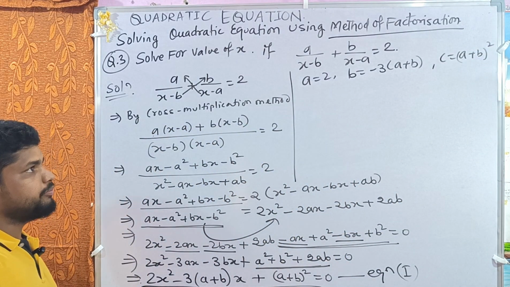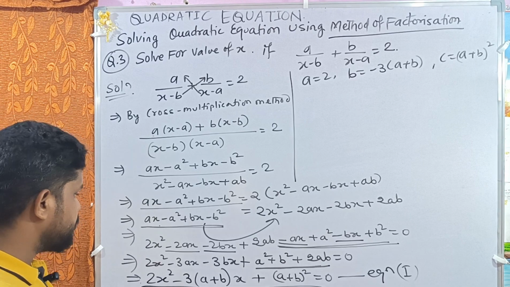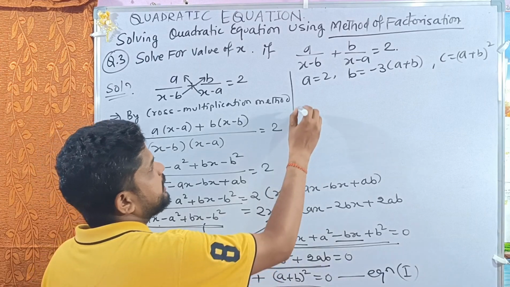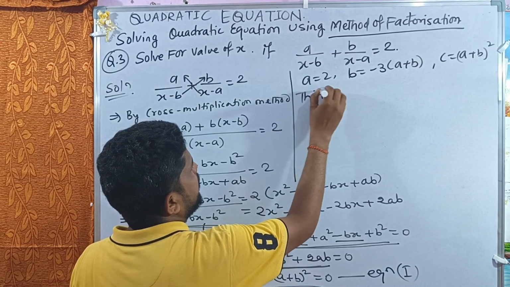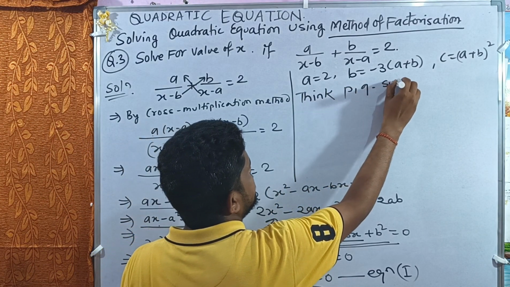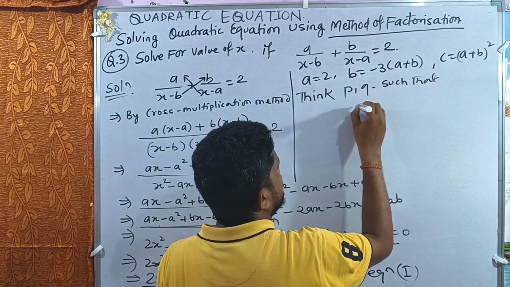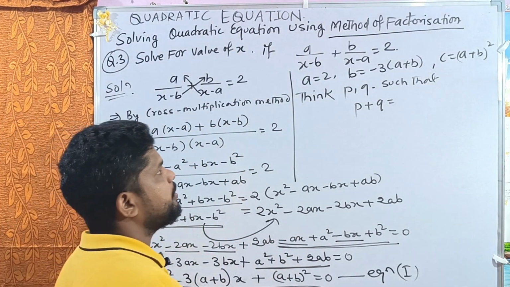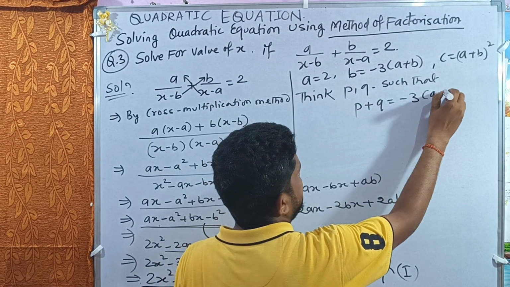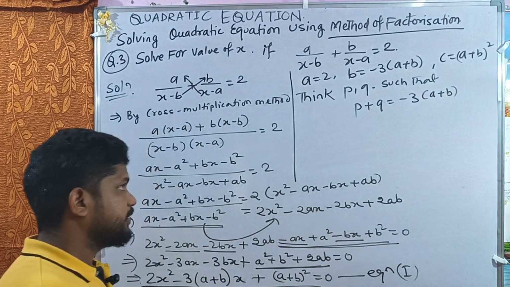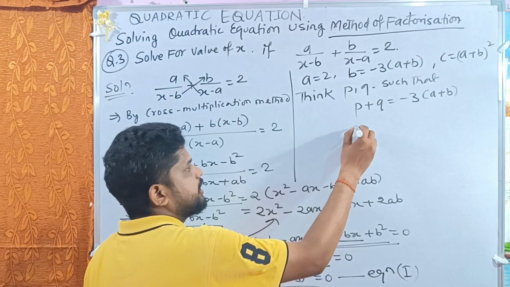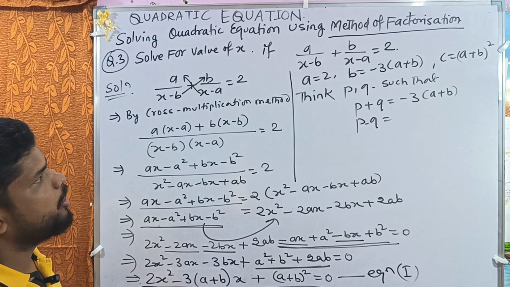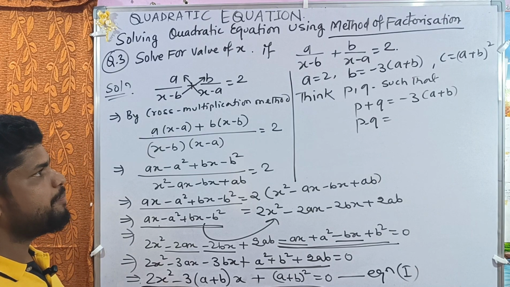Okay, now here we are going to use the splitting the middle term method. So we need to think about two numbers p and q such that their sum p plus q is b, the value of b is minus 3(a plus b), and their product p times q should be c times a, that is 2 times (a plus b) whole square.